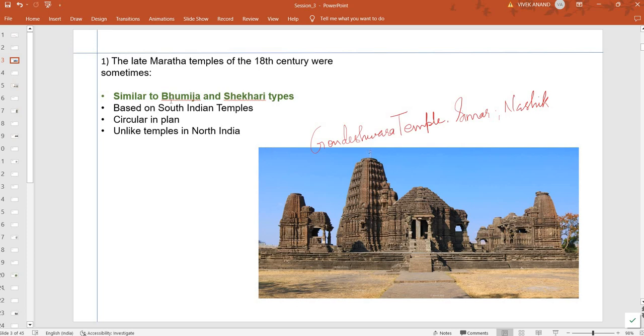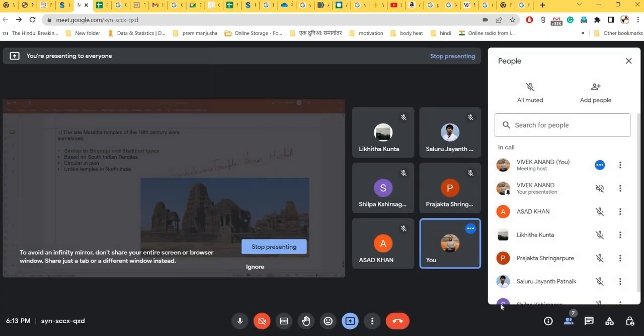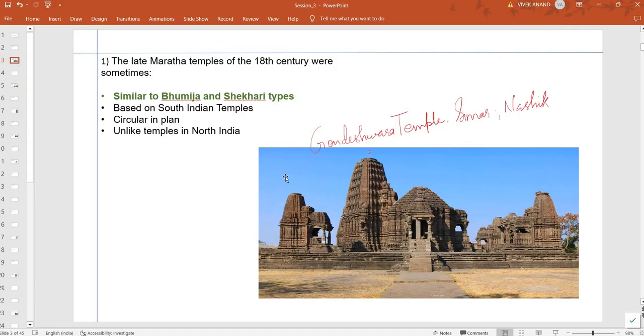So the right answer will be similar to that. In this temple, what style can you see? In this picture you can see four or five different structures. Can anyone tell what is the style of the leftmost structure, and the rightmost structure?